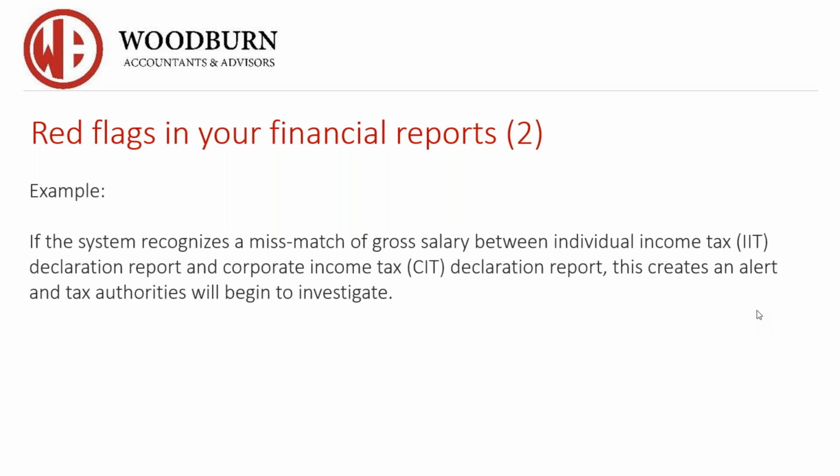Okay, so what I want to highlight here is that the tax authorities have this internal system that is basically reconciling all of the data against all of the tax reports, all of the financial management reports, all of the fapiao information, all of the customs information.